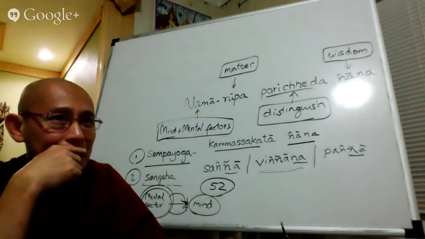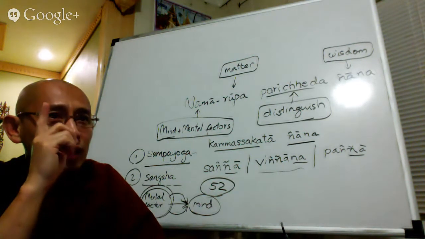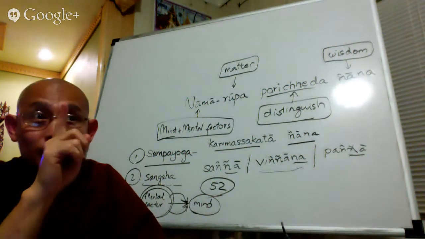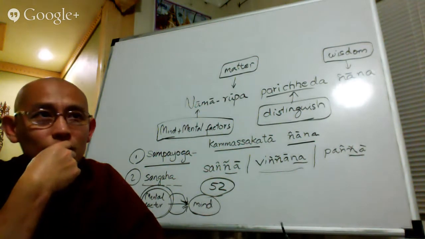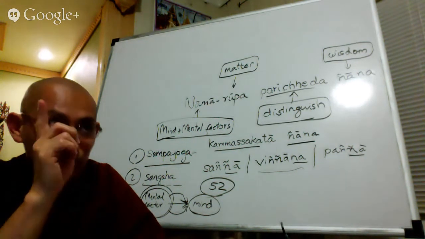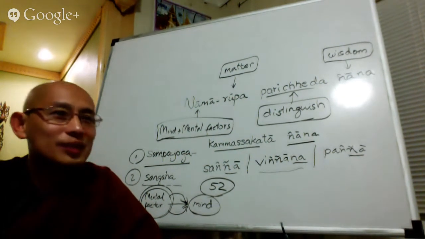Then resultant consciousness: altogether 5, but first jhana level is 1. And then functional: first jhana level is 1. So 3 first jhana levels.